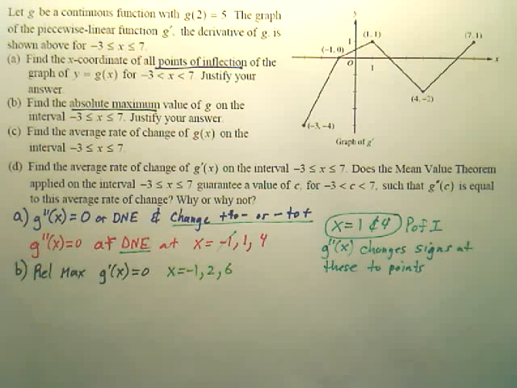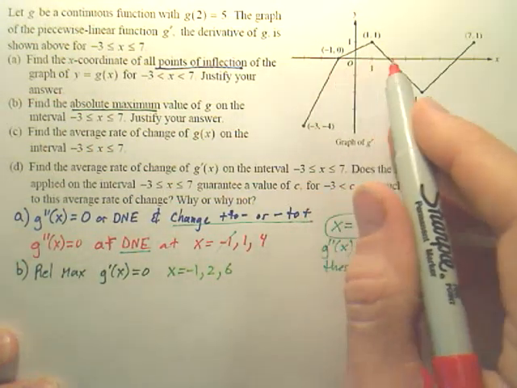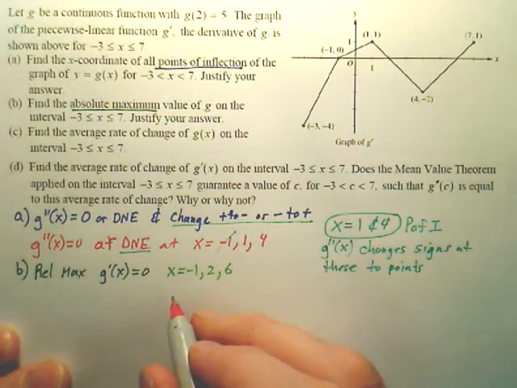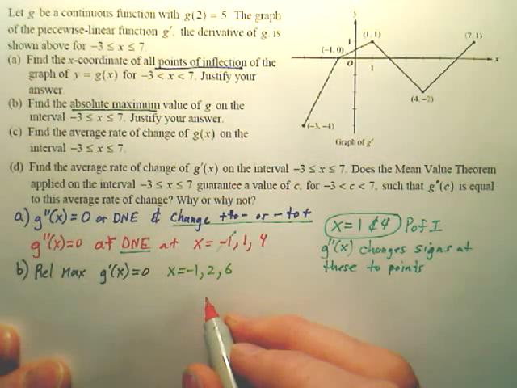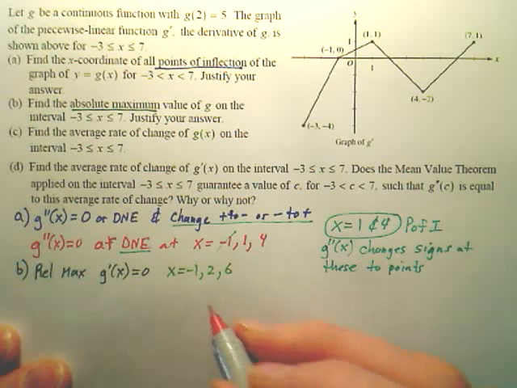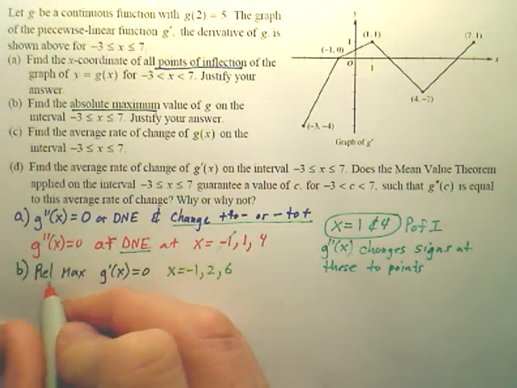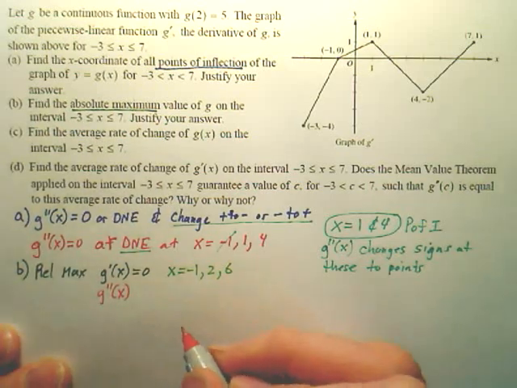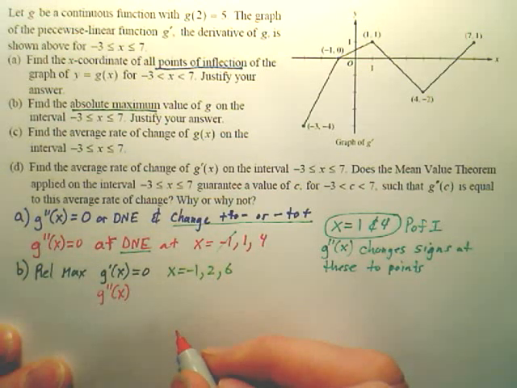Next, I want to look at this graph, and you also need the second stipulation. Don't you also need, for it to be a relative max, that the second derivative is negative? For it to be a max, doesn't it have to be sad?